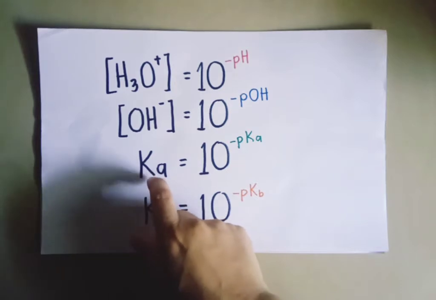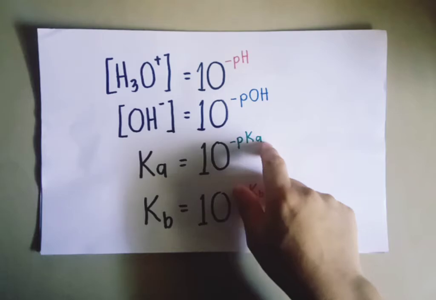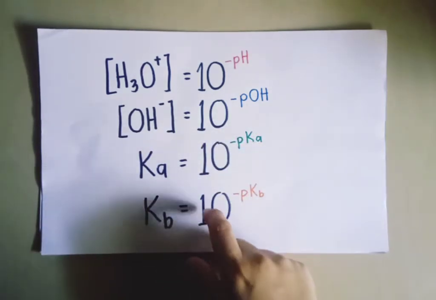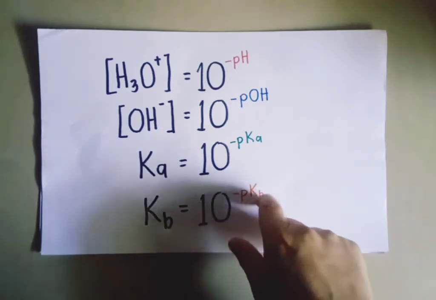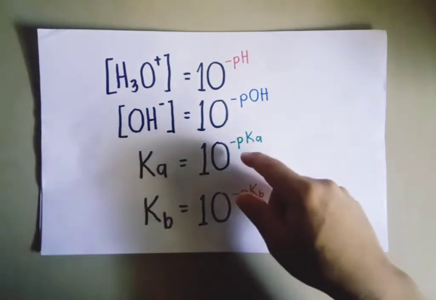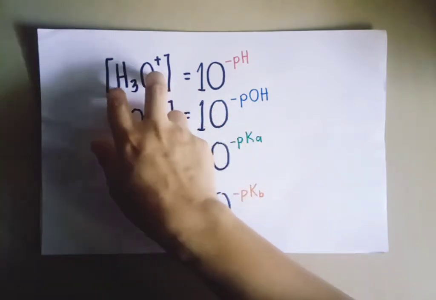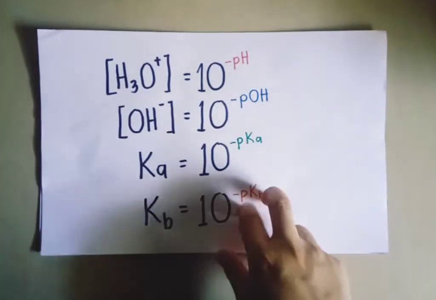Ka, or the dissociation constant for acid, is equal to the anti-logarithm of the negative pKa, and Kb is equal to the anti-logarithm, or 10 raised to the negative pKb. Now take note that you cannot use the value for pKa to find the hydronium ion concentration. So again, it's H3O to pH, OH to pOH, Ka to pKa, and Kb to pKb.